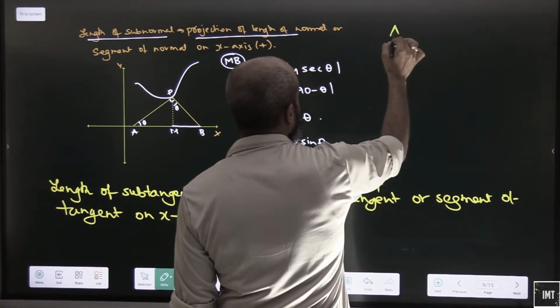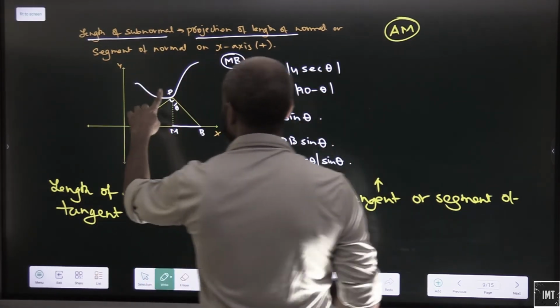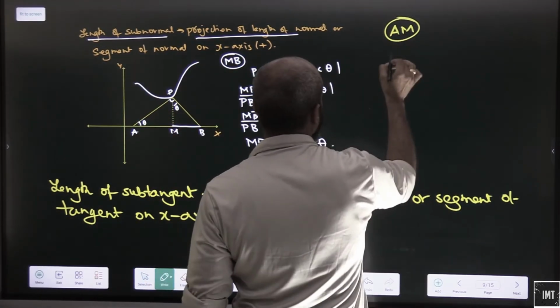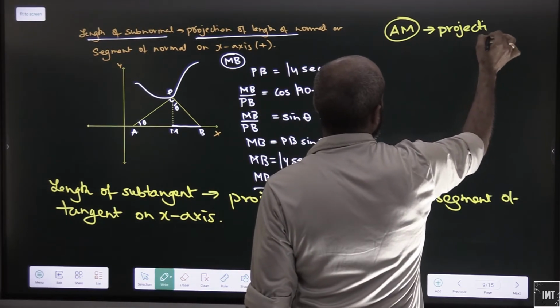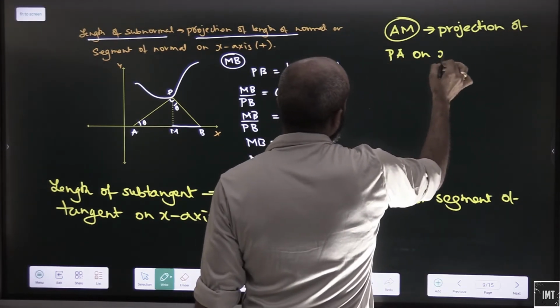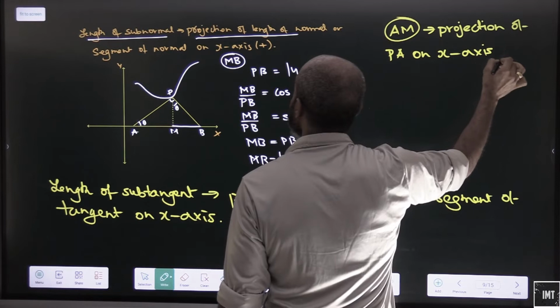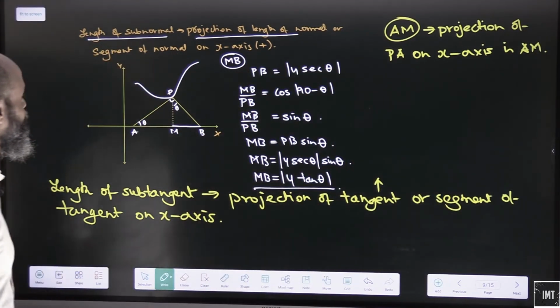Here we have to calculate AM. So the projection of PA on the x-axis is AM.